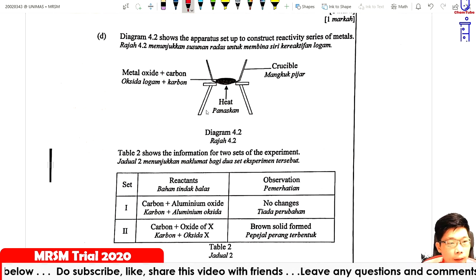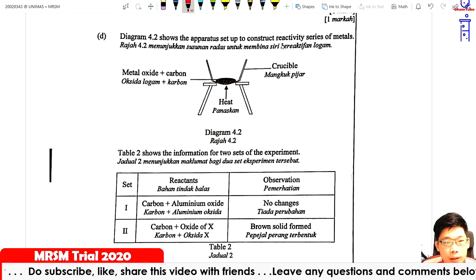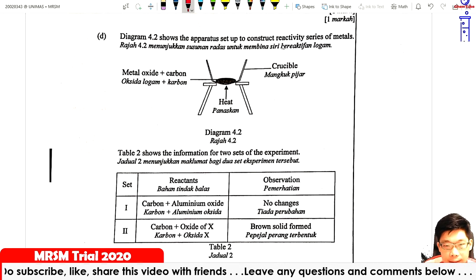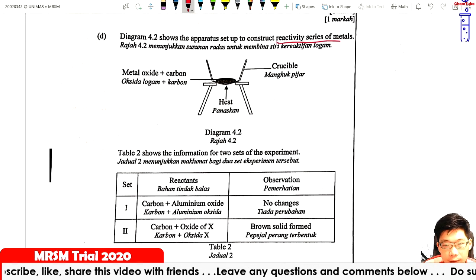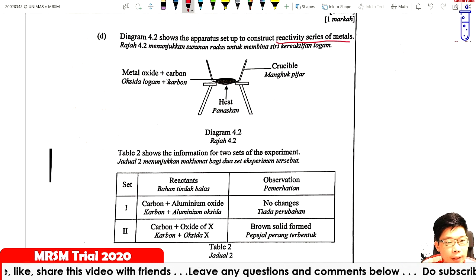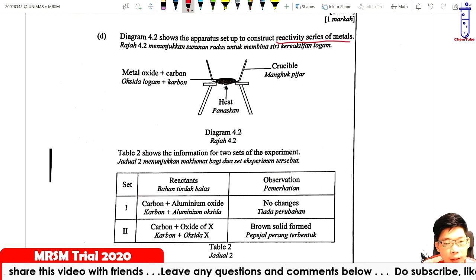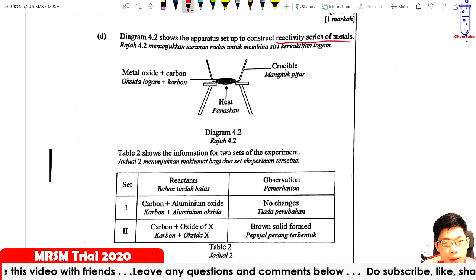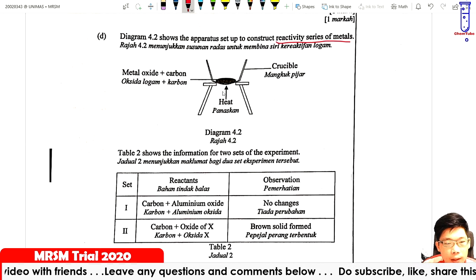The diagram shows the apparatus to construct the reactivity series of metal. Metal oxide mixed with carbon is put into the crucible, and then we heat it strongly.